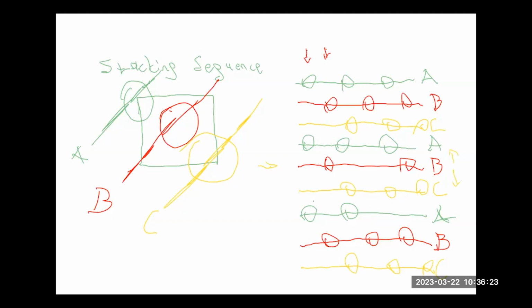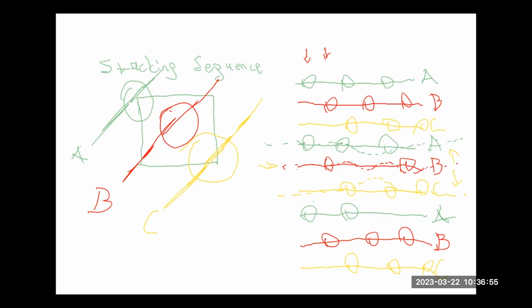So this plane will shape something like this, and this plane will shape this way. And also, this plane will be disoriented, something like this. And we will have some faults, some stacking faults.